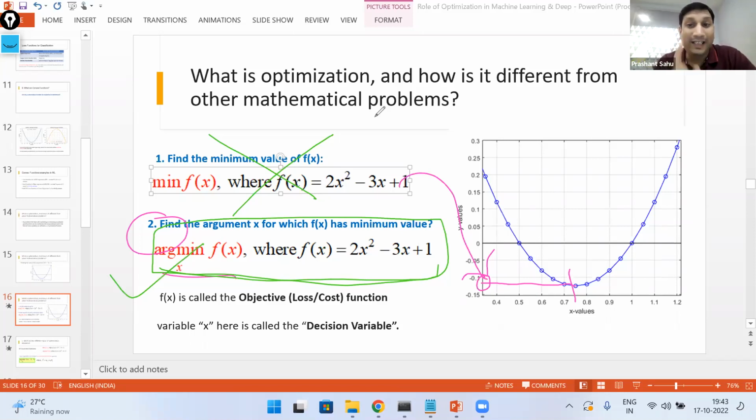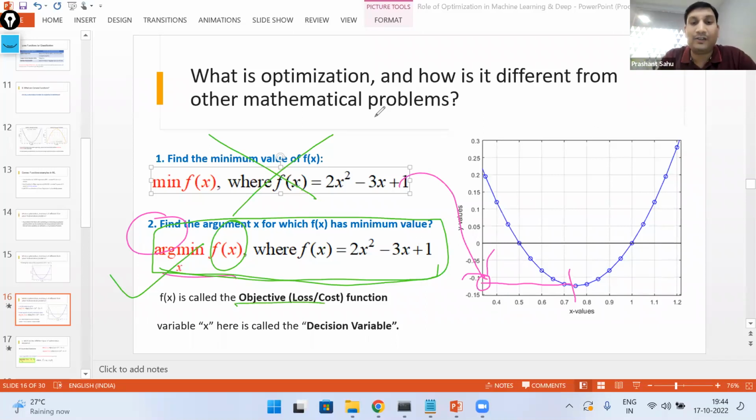Find the argument x for which f of x has a minimum value, where f of x will be your actual loss function in the machine learning or deep learning case.